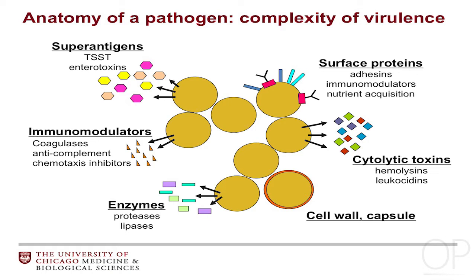And among these are superantigens that modulate host immunity, a number of other canonical immunomodulatory proteins, enzymes that the pathogen secretes that actually cause host damage, a number of surface proteins that are displayed on the pathogen that facilitate adhesion, modulation of the immune system, and nutrient acquisition, a cell wall or capsule, which essentially forms a protective shell around the pathogen, and a number of different cytolytic toxins that cause direct tissue injury. And this will form the focus of my discussion today.